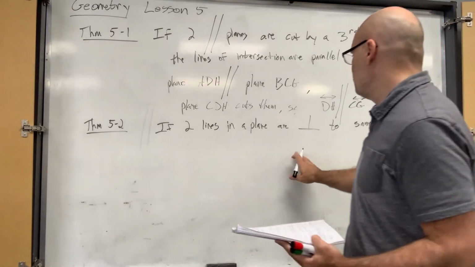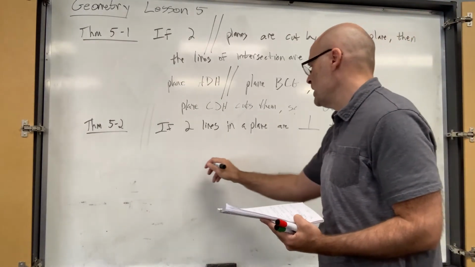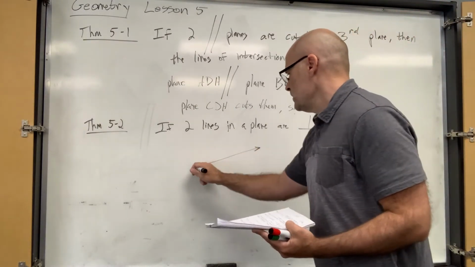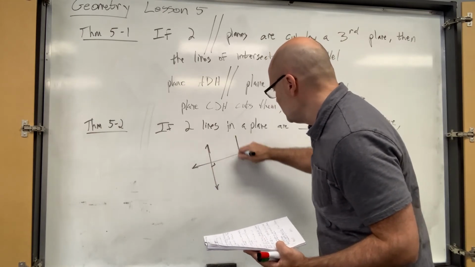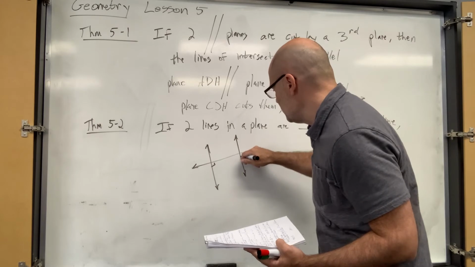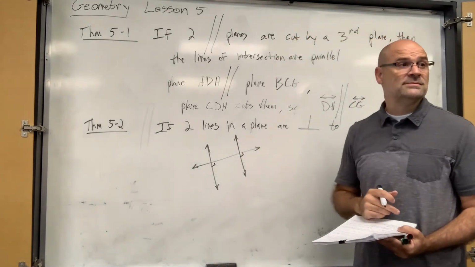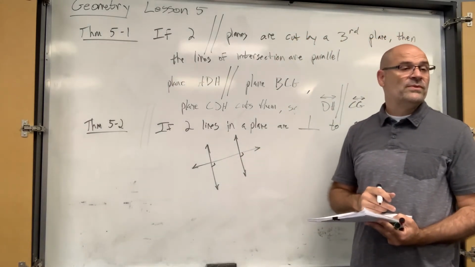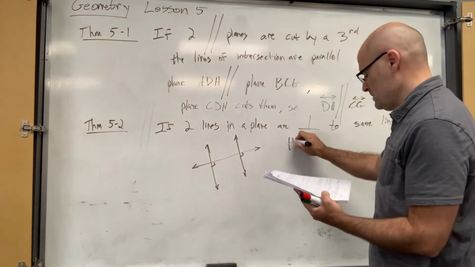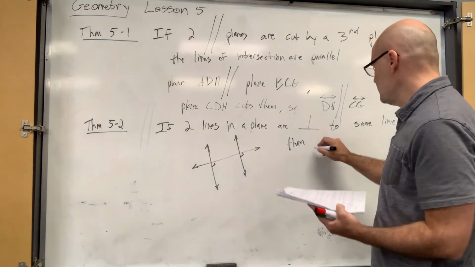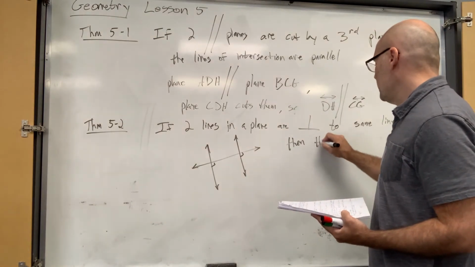If two lines in a plane are perpendicular to the same line, so if this line is perpendicular and this line is perpendicular, what can you say about these two lines? They're never going to intersect. Yeah, so they are parallel. Then those two lines are parallel to each other.